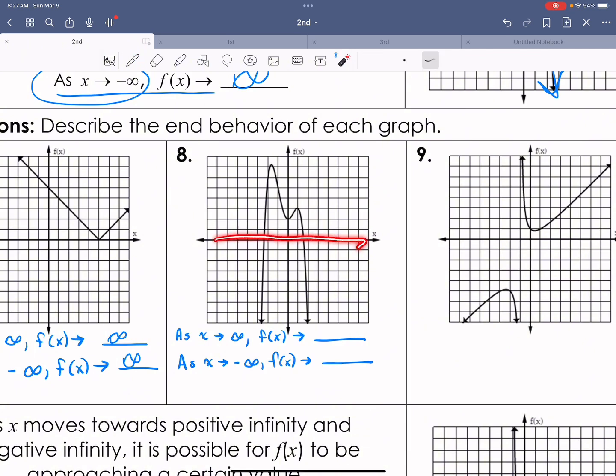As x goes this way, what does our graph do? Goes down, so that is negative infinity. Okay, as x goes this way, what does our graph do? It also goes down. So we have another negative infinity. So you're just describing the behavior at the end of the graph.